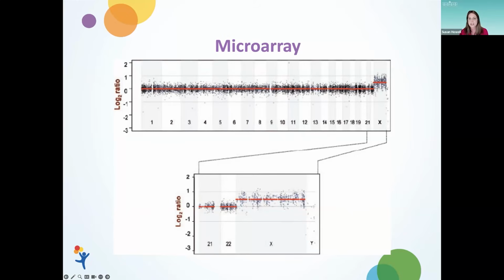And what you see at the end here is an overrepresentation of the X chromosome. If this traditional line is 2 copies of each chromosome, then this would represent an extra copy, or a third copy, of the X chromosome that you would see in a microarray result that would diagnose 3 X's present in the cell.